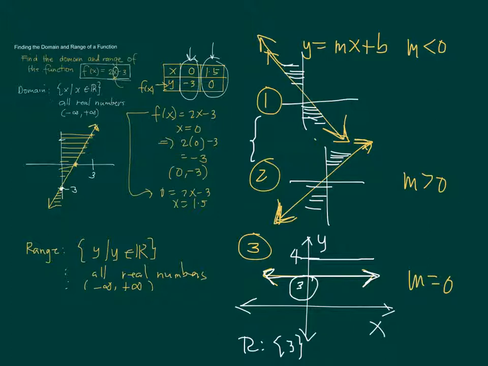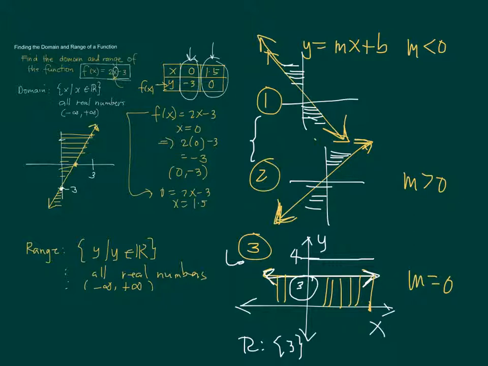But for the case of number 3, the domain is all real numbers as all x can be mapped on the graph. Say pick an x here, it will have a corresponding value y, which is basically 3 in this example. So the domain is the set of real numbers. For the range, it is just the value where the graph passes through the y-axis.